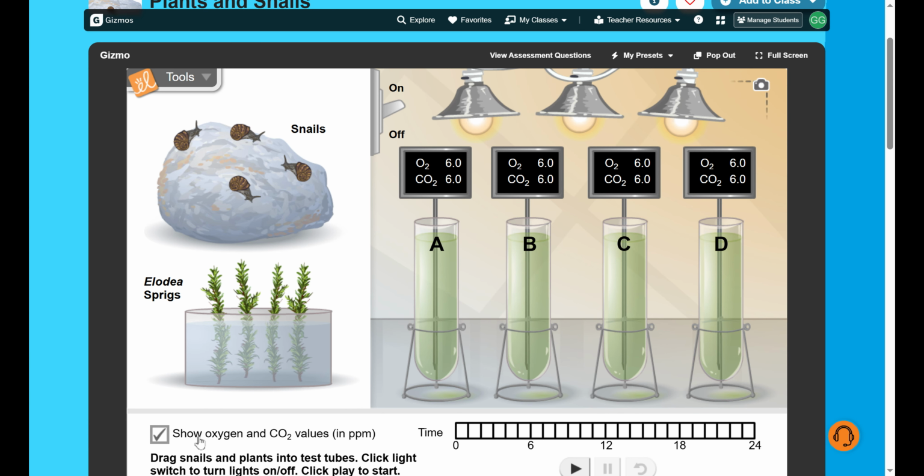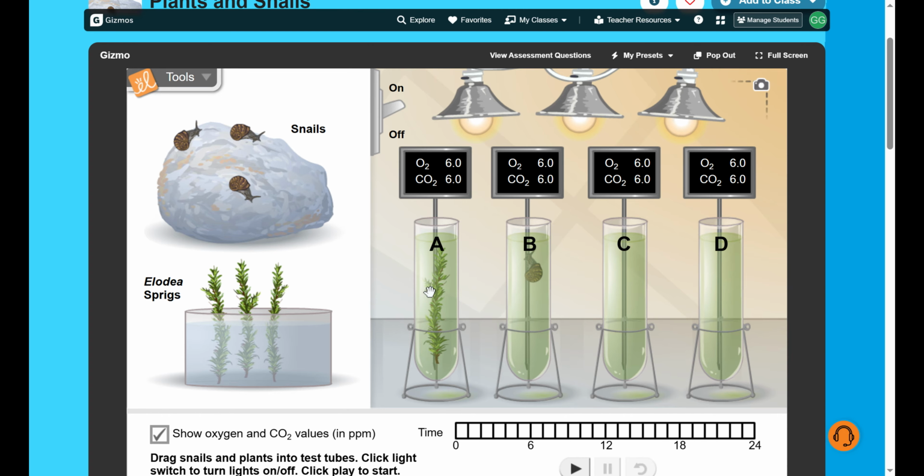We can click on this checkbox to show the concentration of oxygen and carbon dioxide in parts per million, or ppm. You can also drag in a number of elodea sprigs, which are water-based plants, and snails, which live in water.